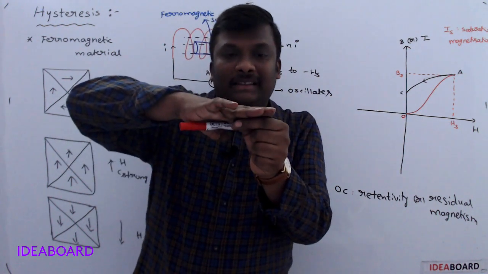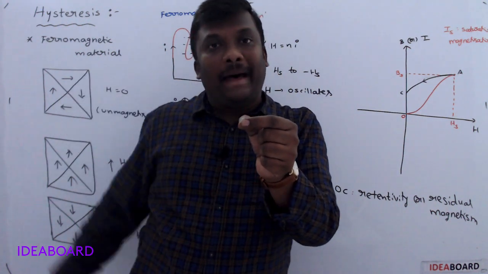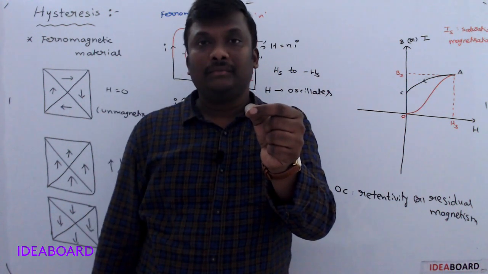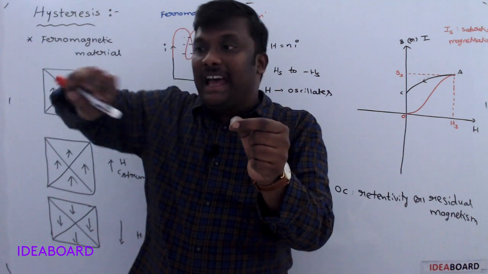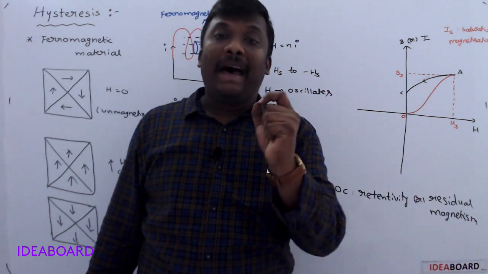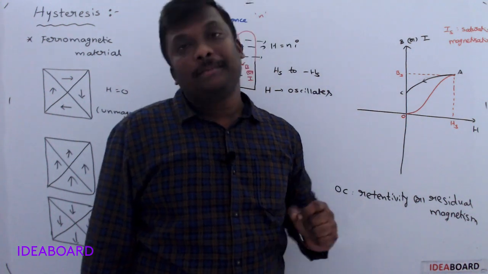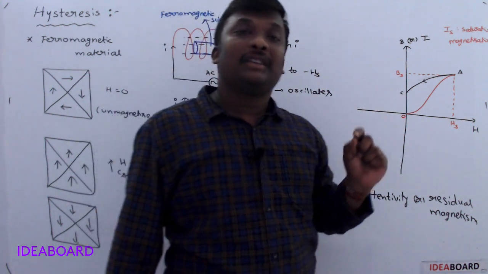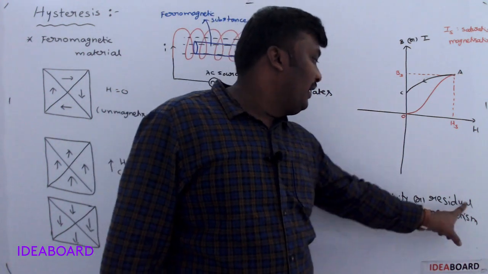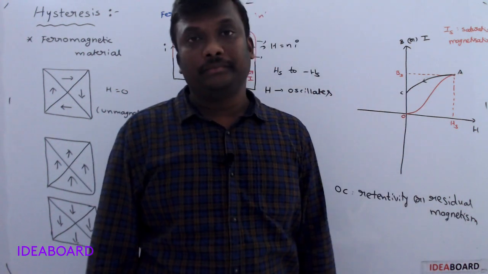Without disturbing the system, if you remove the magnet, those pins are still connected with each other, meaning even in the absence of an external magnetic field, there is some magnetization present in the specimen. That magnetization present in the specimen is named retentivity or residual magnetism.